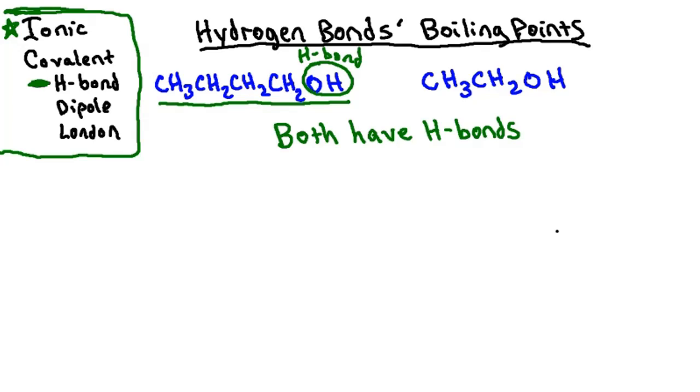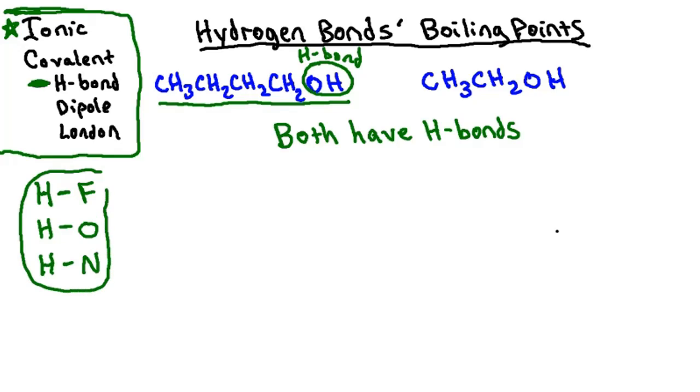Because remember, a hydrogen bond is a hydrogen bonded directly to a fluorine, a hydrogen bonded directly to an oxygen, or a hydrogen bonded directly to a nitrogen. And that's it. That's the entirety of hydrogen bonds. It has to be connected to one of these 3 elements, the fluorine, the oxygen, or the nitrogen. Remember, phone home.